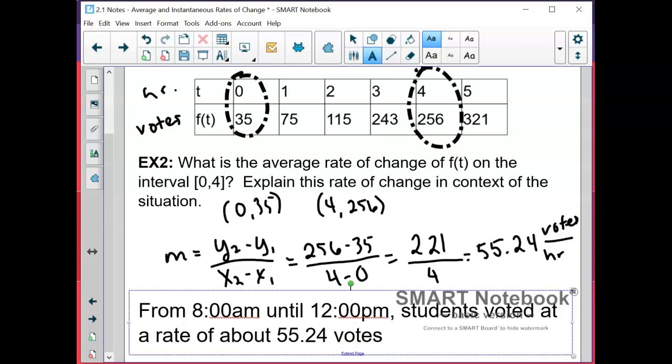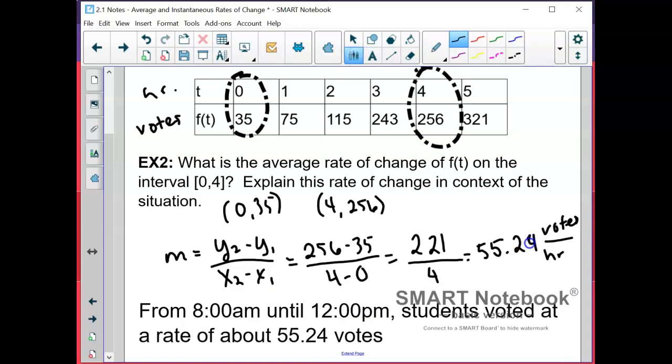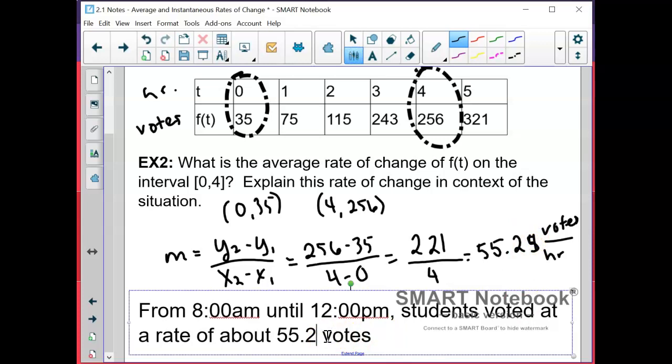That should be a 5. I don't know why I wrote a 4 right there. It should be a 5. So 55.25 votes per hour there.